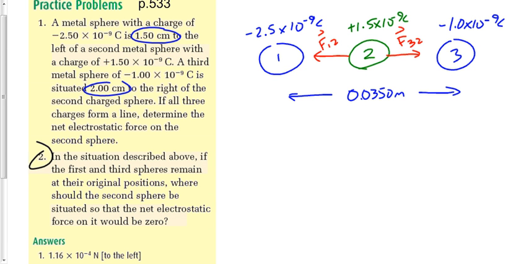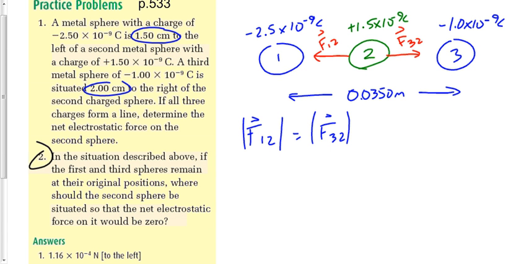What else do we know about F12 and F32 if they are balancing each other? If the net force is 0, Rosie? Good. They have to be equal in magnitude. So I'm going to say the magnitude of the force of 1 on 2 is equal to the magnitude of the force of 3 on 2. The direction is opposite. I'm just putting the absolute value signs around them so we don't have to worry about the negative sign.